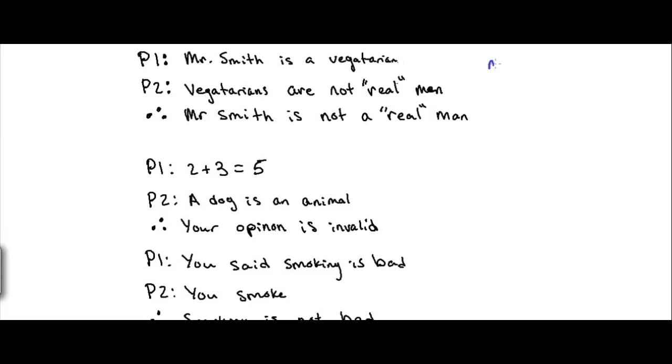And it makes it so our definition is not solid. It's changing the definition to exclusively make the group look good. So unless the definition of man is supposed to fit exclusively everybody except vegetarians, we can't accept that the conclusion is true. So this is a no true Scotsman fallacy.